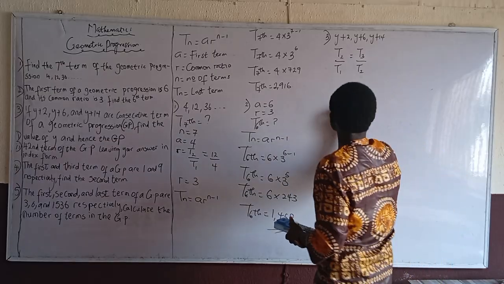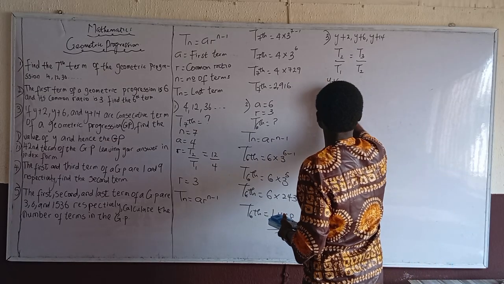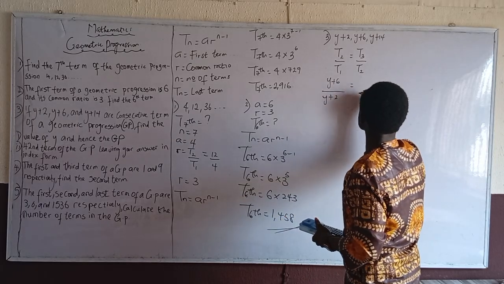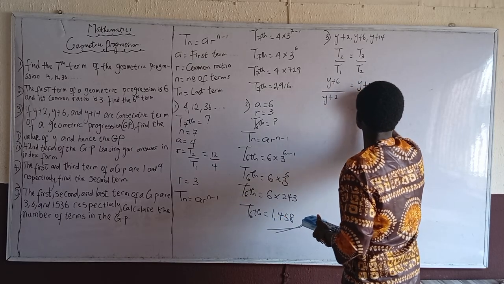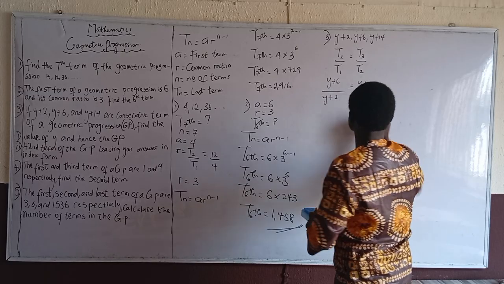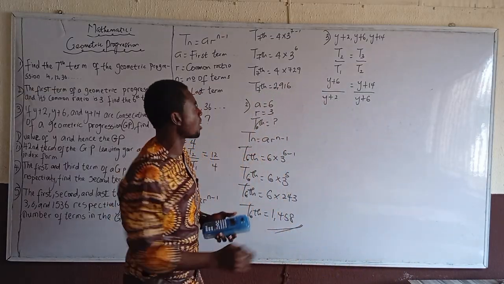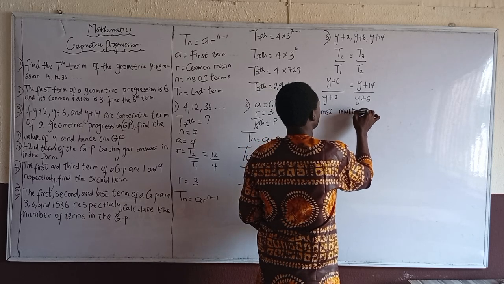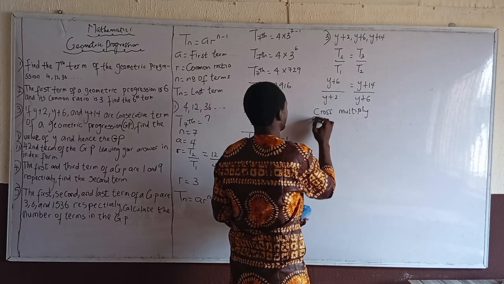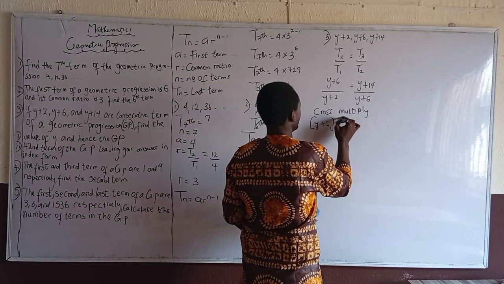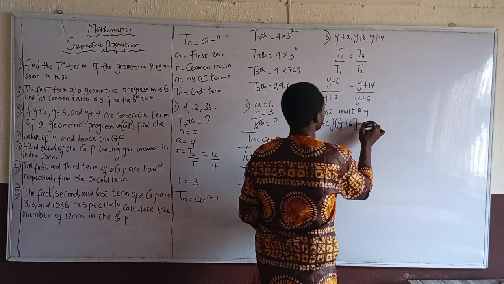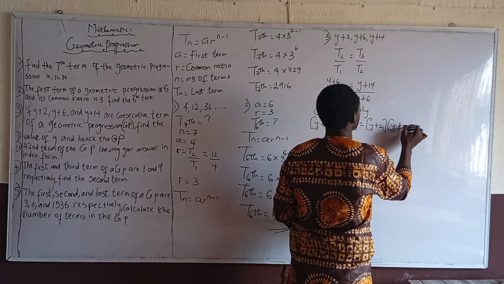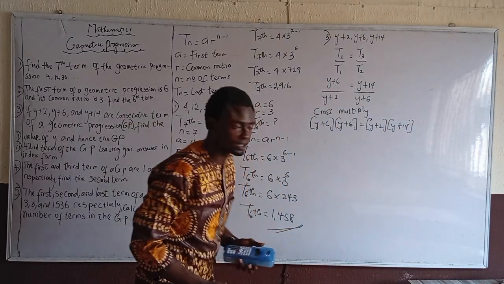Now from here, I have y plus 6 over y plus 2 is equal to y plus 14 divided by y plus 6. So from here, I will cross multiply. Here it becomes y plus 6 multiplied by y plus 6 is equal to y plus 2 multiplied by y plus 14. Then I expand.